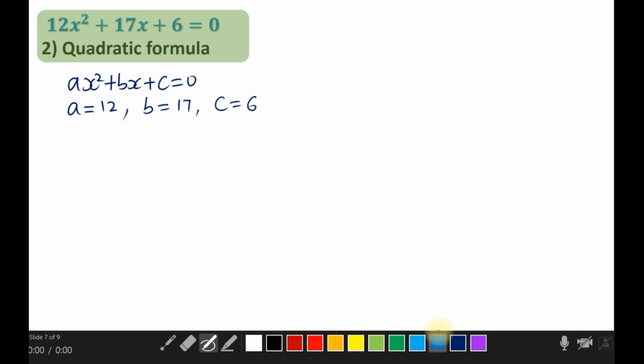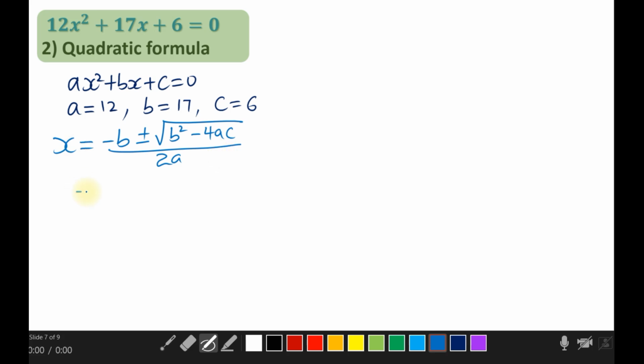So we need to use the quadratic formula, which is x is equal to minus b plus or minus the square root of b squared minus 4ac all over 2a. The square root of b squared minus 4ac is the discriminant.